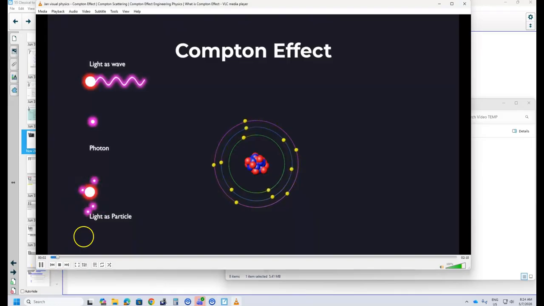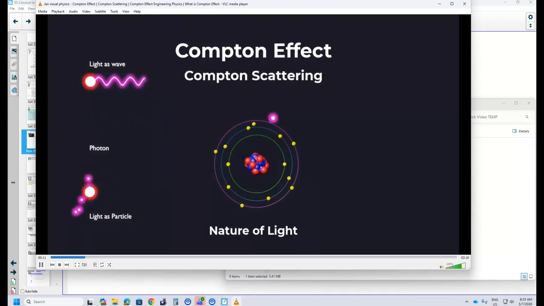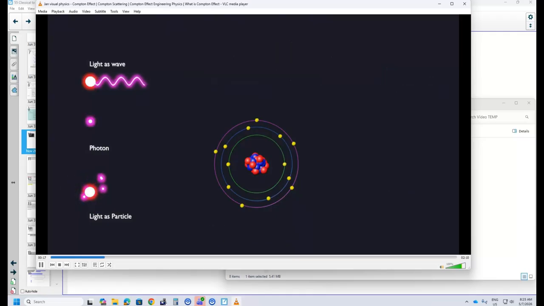Welcome to this video on the Compton effect, where we'll explore the nature of light. The Compton effect, also known as Compton scattering, involves the scattering of high-energy photons by charged particles, usually electrons.